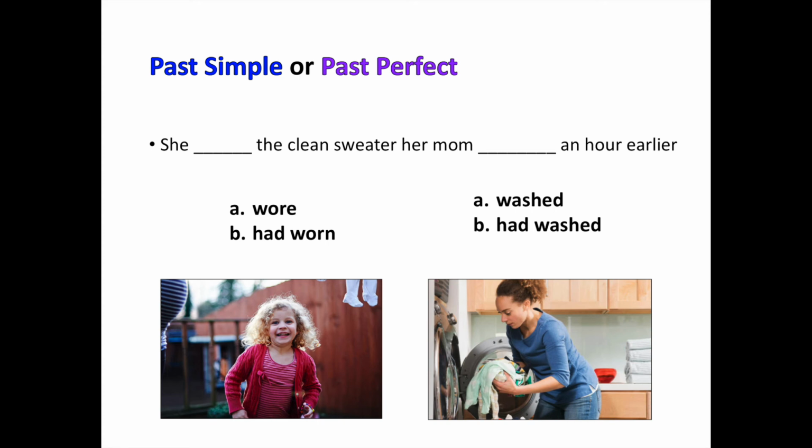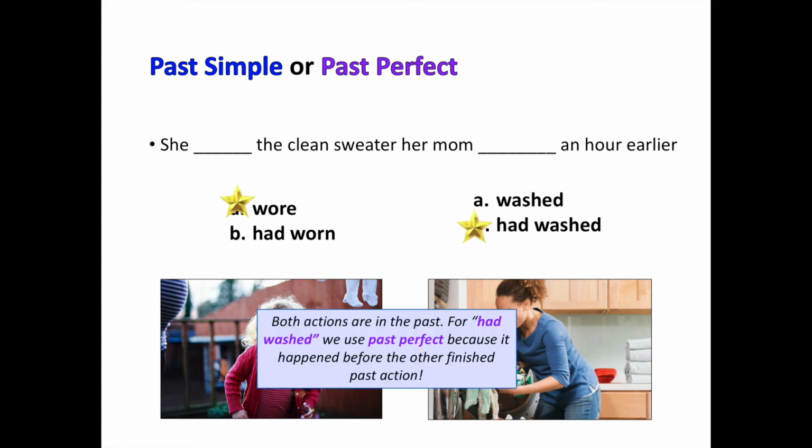Here, the sentence should be, she wore the clean sweater her mom had washed an hour earlier. Look, when you see an hour earlier or any time like that, a day earlier, that means that this verb happened before the other verb.